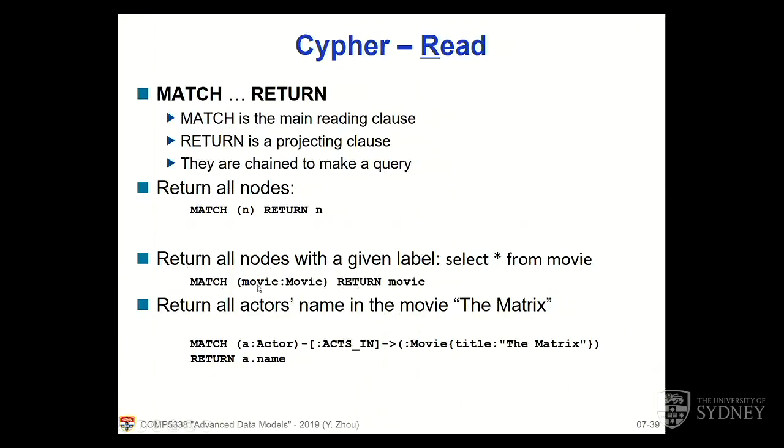This one is like returning all nodes with a given label. It's like selecting something from movie, if movie is a particular table storing all the movies. See these two: when we give a variable here, we can use it here. So match and return, match movie and then return movies.